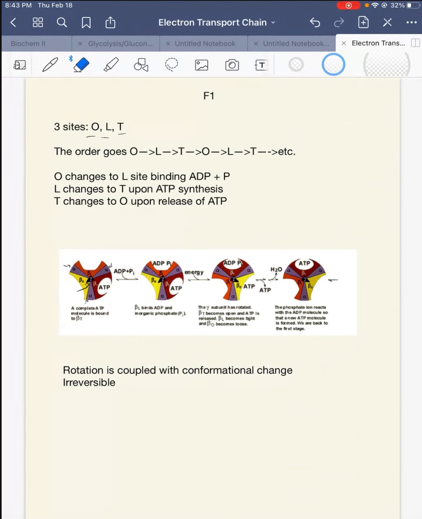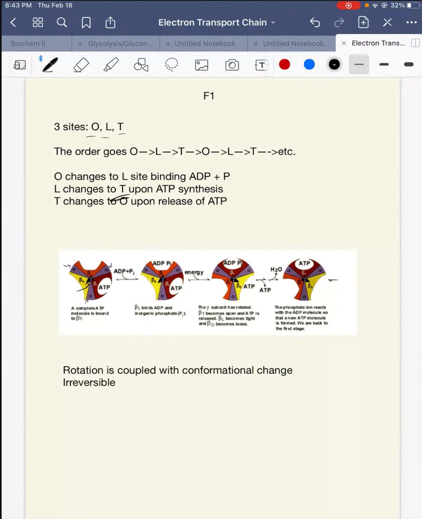So whenever ADP and Pi bind to a beta subunit, it changes from an O state to an L state. Then the L state takes the ADP and Pi and makes ATP, and when it creates ATP, it goes through a conformational change and becomes the T conformational subunit.